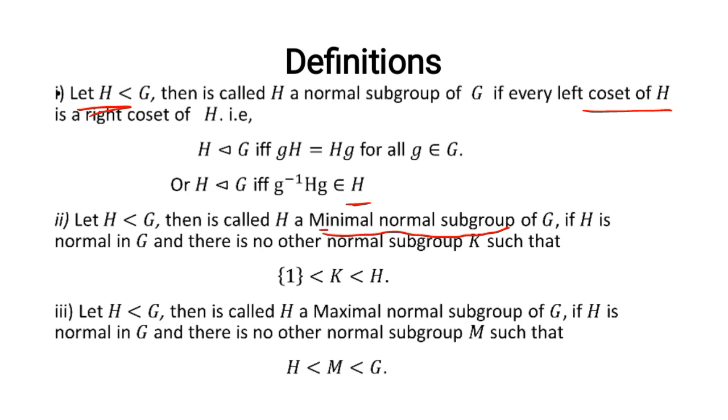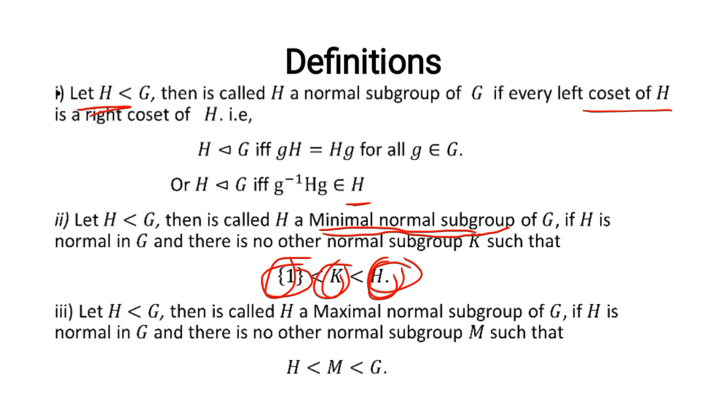Minimal being this, there's nobody between it and the identity. So K will be a minimal normal subgroup if the only thing below K is this identity set, okay? And this is the interval between 1 and H itself, okay?